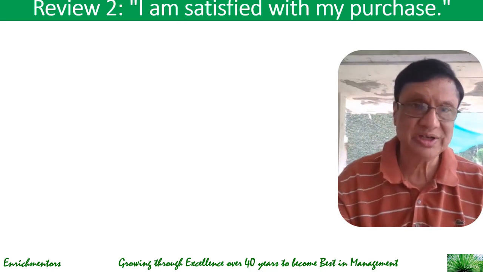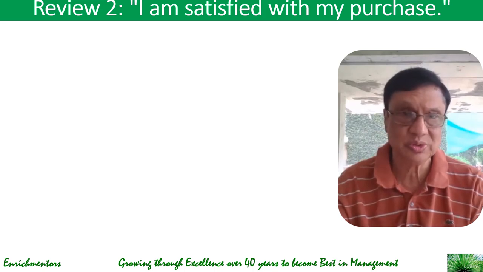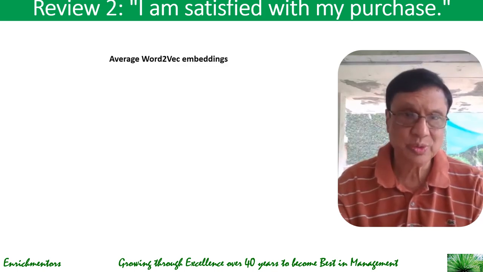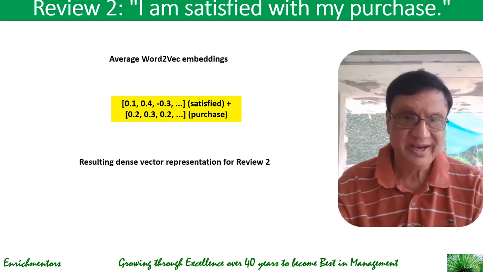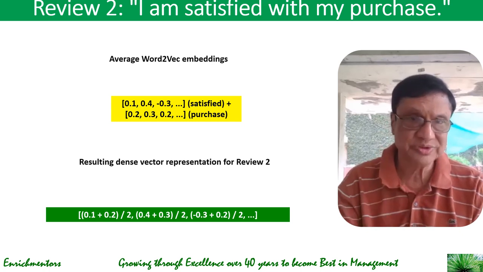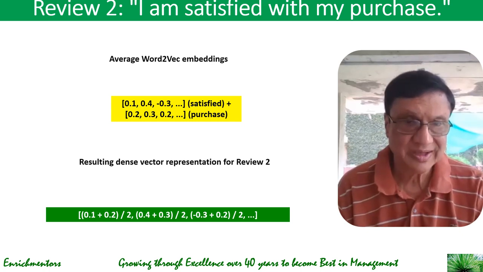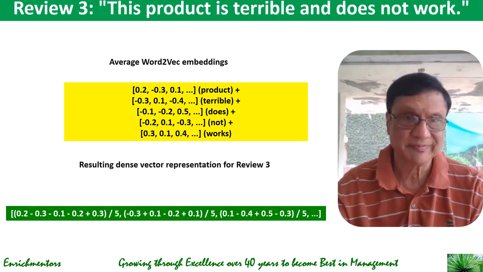Similarly, you can quickly see what review 2, "I am satisfied with my purchase," could look like. Again, the relevant average word2vec embeddings were satisfied and purchase, two words, and this resulted in a dense vector representation of review 2: 0.1 plus 0.2. You see each column being added and divided by 2, the average here, and that's what the review 2 dense vector representation looked like.